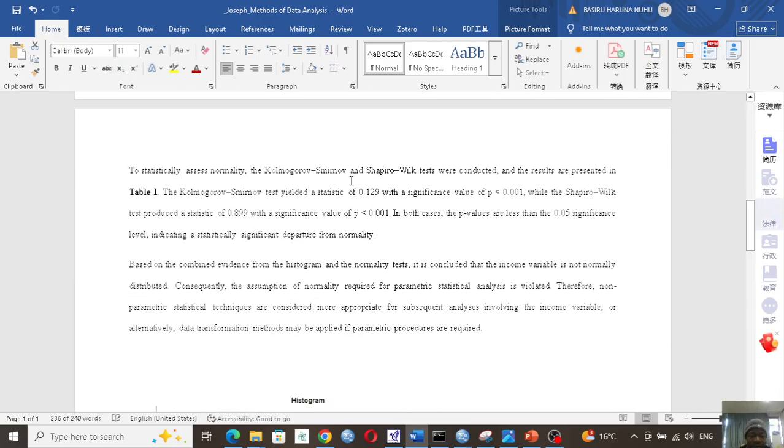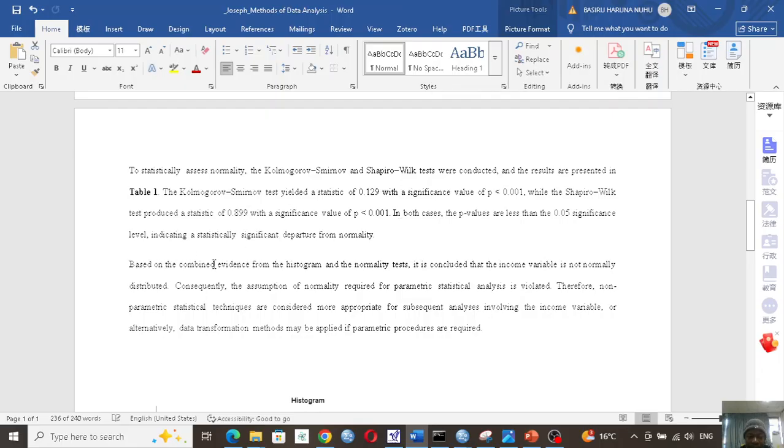Now let's move to statistically assess normality. The Kolmogorov-Smirnov and Shapiro-Wilk tests were conducted, and the results. So now these are the results. So what did they say? Which is statistically significant, indicating that the data does not meet the normality.